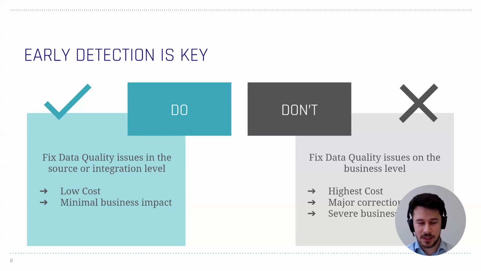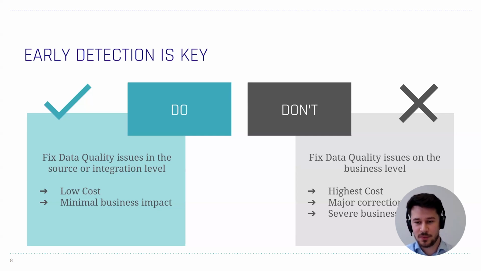Low cost, minimal business impact, because you don't need to touch as many aspects in your data warehouse, tables, databases, anything as much as you would have to if you realize it later on. So if you realize it at the business level, because the business people say there's some calculations that don't make sense, that means you see it at the end of the whole chain of data products, and you need to correct it in all of these.